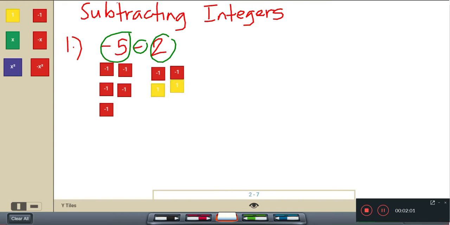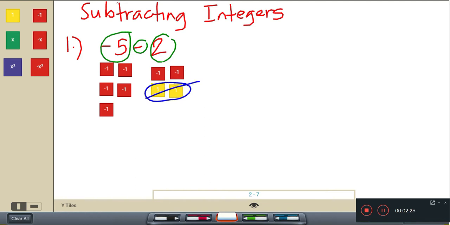Technically this whole thing is equal to 0, so there's still negative 5. But we're using that so that we can remove what? The positive 2. So negative 5, now take away 2, which is this one. Take this out.